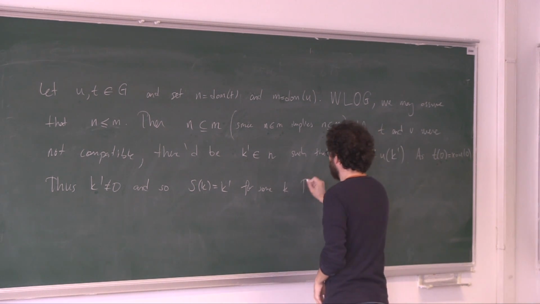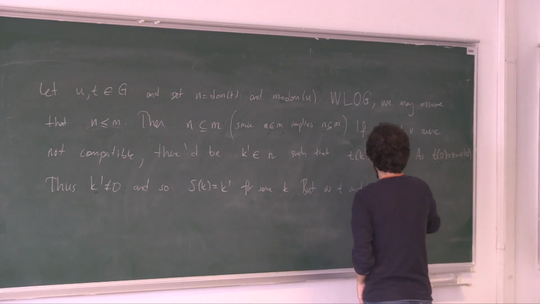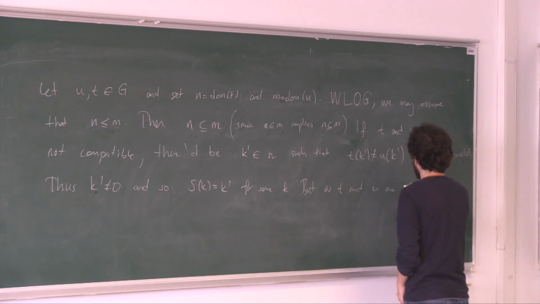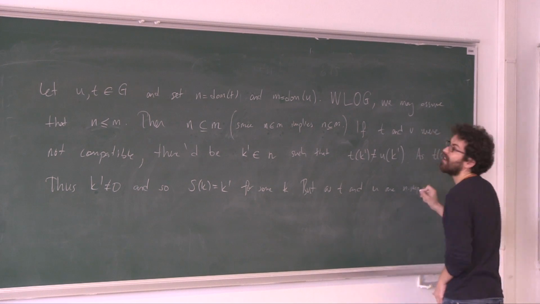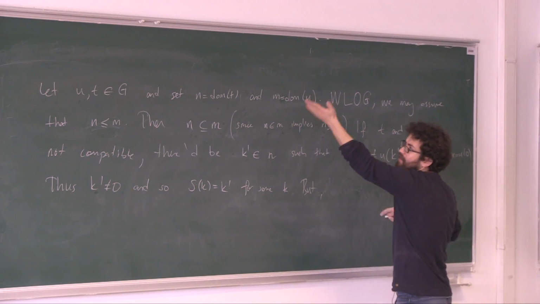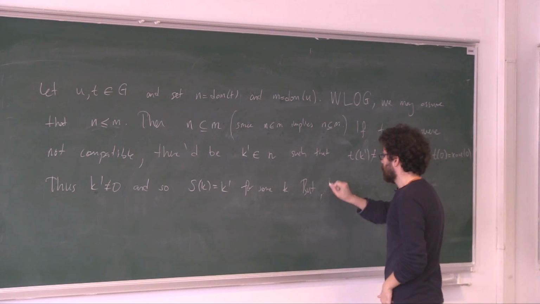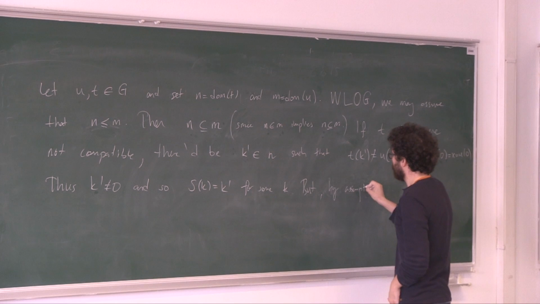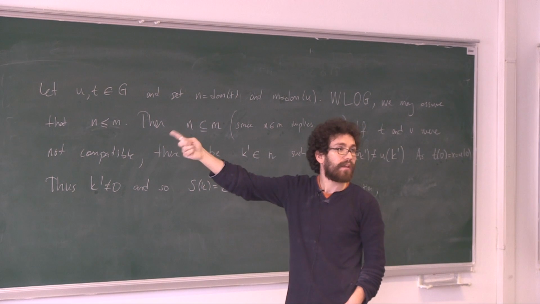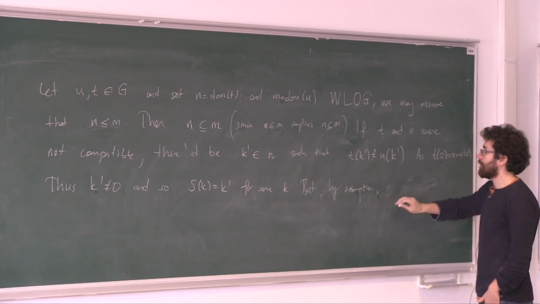But as t and u are n-step computations, actually m-1 step and m-1 step computations, I'm just going to write by assumption. These guys satisfy the properties of being n-step computation, so they have to satisfy the following.